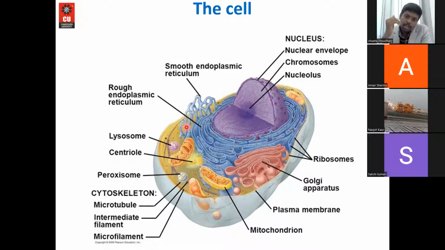Some evolved to live in extreme acidity and alkaline conditions, and some can live in extremely cold temperatures. Such organisms that can live in extreme conditions are called extremophiles, or technically, they are classified as archaea.